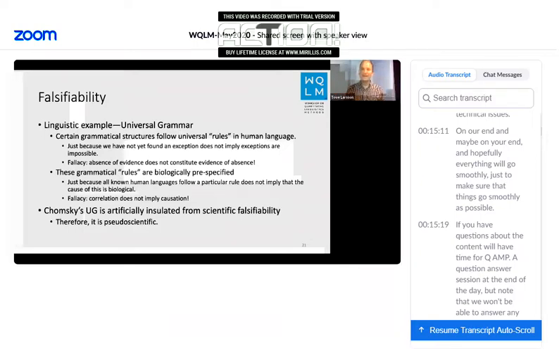Therefore, science can't help us to ultimately decide how much evidence there is for their truthfulness. So it's pseudoscientific, and this worked well for Chomsky. He was a rationalist, and for most of his career wasn't particularly interested in the empiricist paradigm.